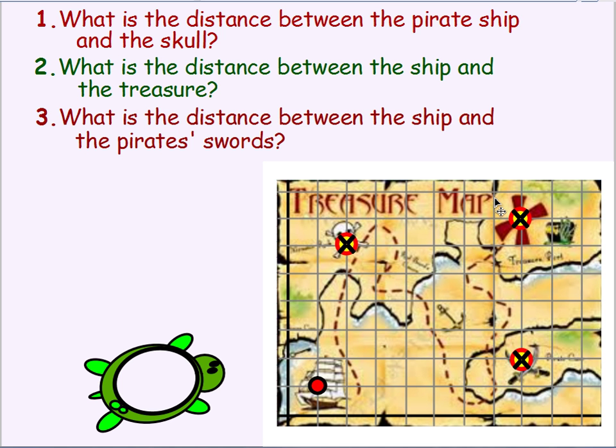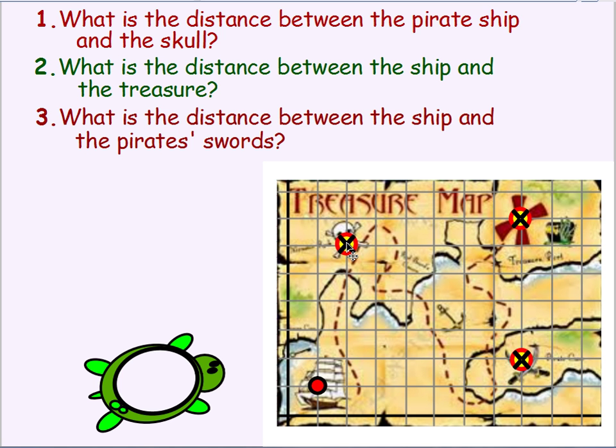Distance formula can become extremely helpful, especially when you're looking at maps and bigger areas, like from city to city or whatever you need to find distance for. If I need to find the distance between the pirate ship and the skull, I've got the pirate ship and the skull up here.